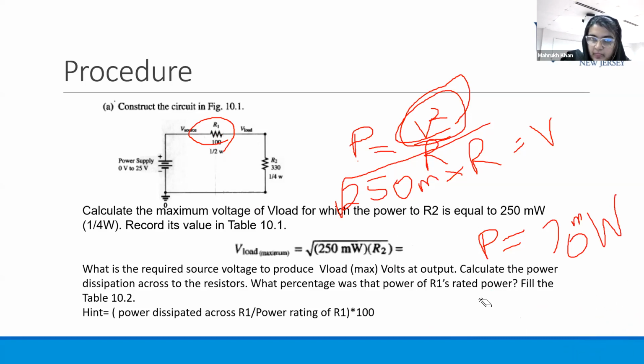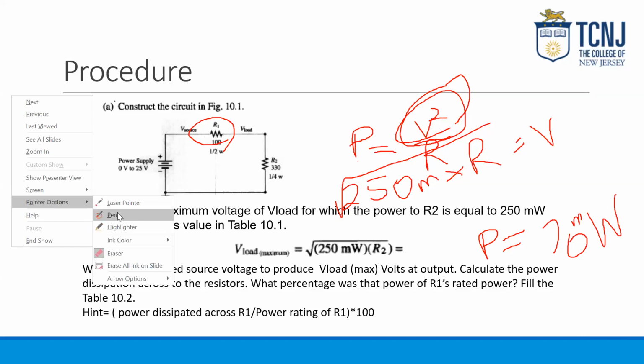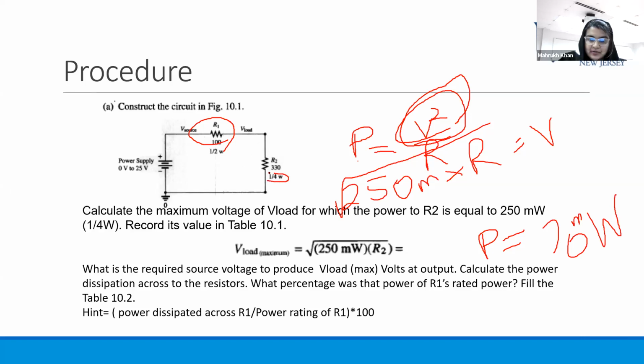That is given. 0.25 watts, which is equal to 250 milliwatts, right? Where is it given? It's written in the circuit under resistor 2. So this is the rating that is given. So what is the rating of R1? Half watt, right?